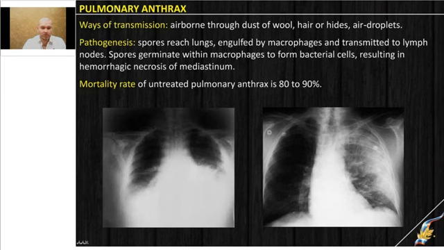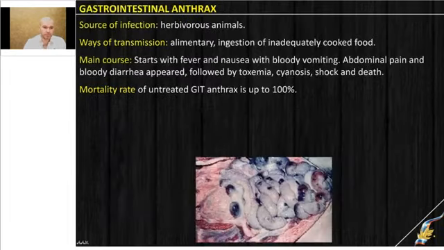The mortality rate is lower than in the case of pulmonary or inhalation plague, but still up to 90% of the population infected with pulmonary anthrax will unfortunately die. Of course, we have only X-ray images because it's not possible to see lymph nodes, so it is difficult to recognize.